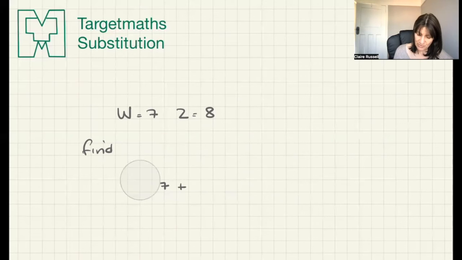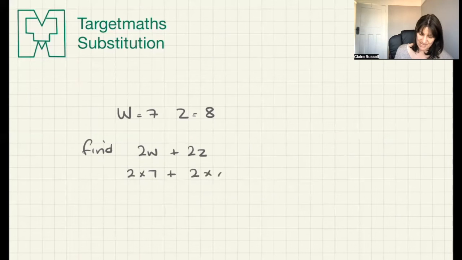Okay, let's do another one with that combination of numbers. We'll do 2W plus 2Z. Hit pause, press play when you're ready. Okay, so 2 times 7 plus 2 times 8. 2 7s are 14, and 2 8s are 16, and then we add those.